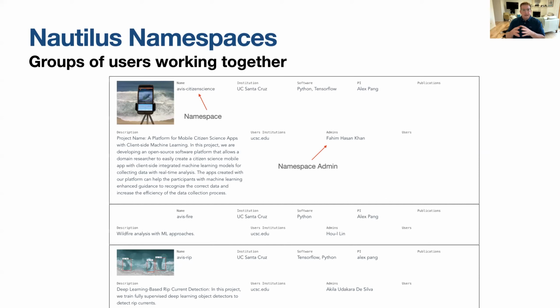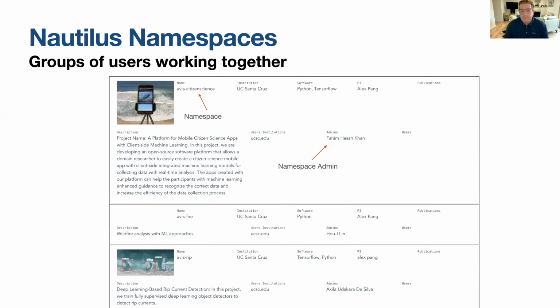So in Nautilus, a namespace is really a group of users working together. If you went to the Nautilus webpage, which you eventually will do, you will see this page when you bring up namespace overview. In this example, Avis Citizen Science from UC Santa Cruz is the namespace group name.